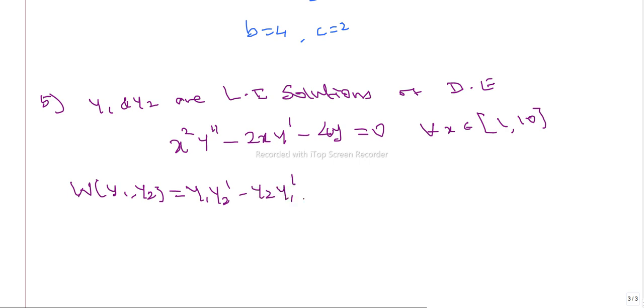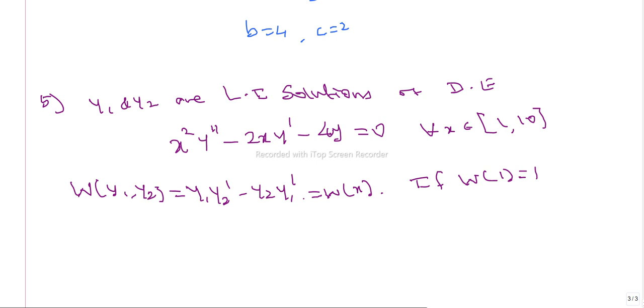Just as notation, we write it as W of x. It is given that W of 1 is 1, that is, at the point x equal to 1 the Wronskian is 1.